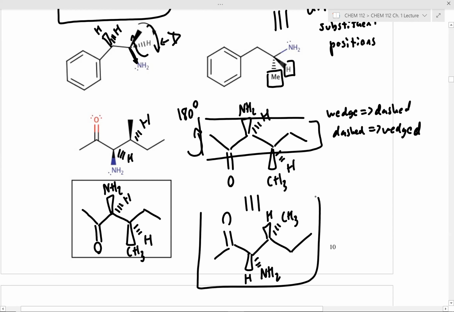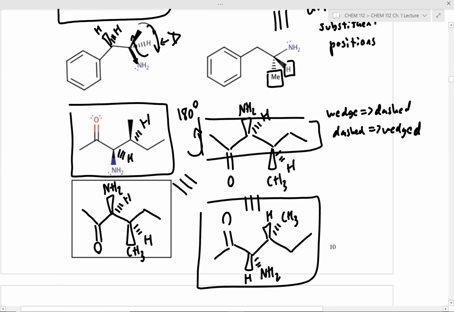And as we can see, if we compare this structure to our enantiomer, these two structures are identical, except they have the opposite configuration at every stereocenter. So these two structures here are enantiomers.